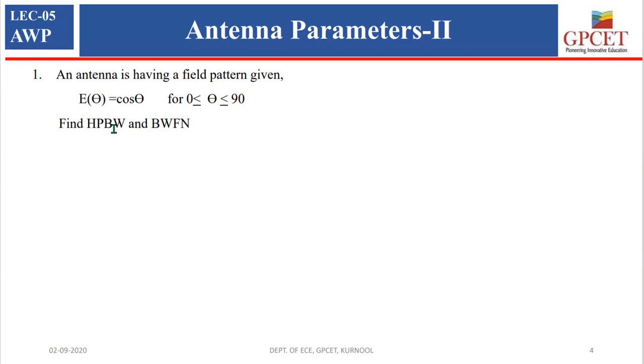E theta is the radiation pattern. Its maximum value will be 1 whenever theta is equal to 0. And 1 by root 2 means 0.707, right? Now equate: cos theta equals 1 by root 2, since the maximum value is 1 and at half power points the field pattern value will be 1 by root 2.